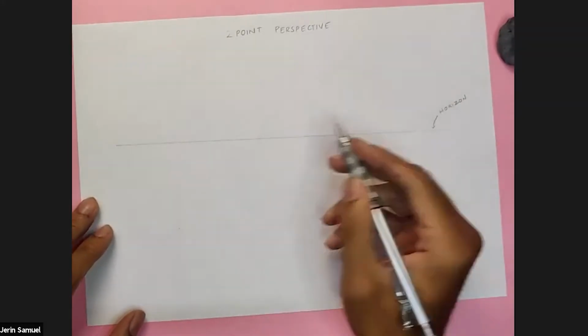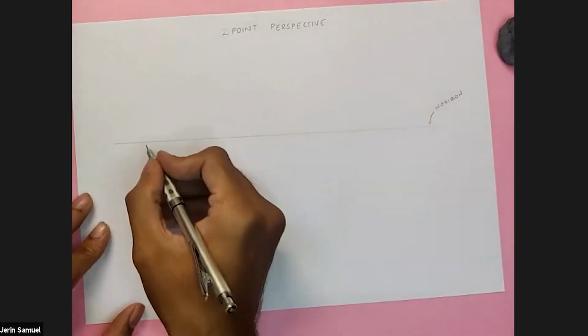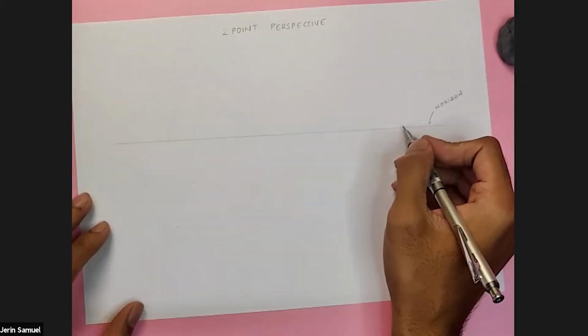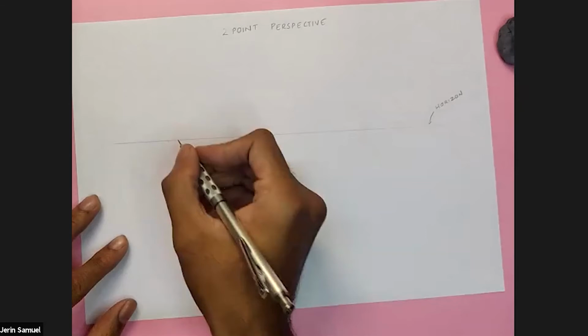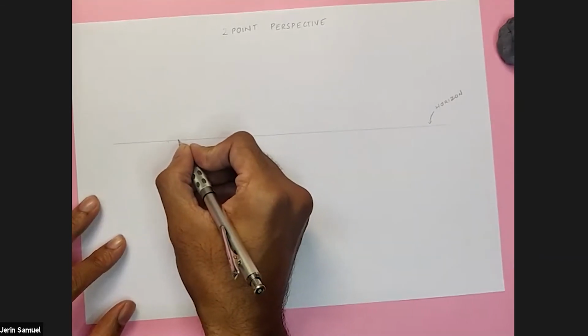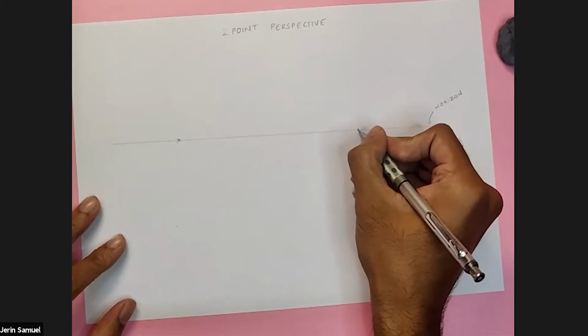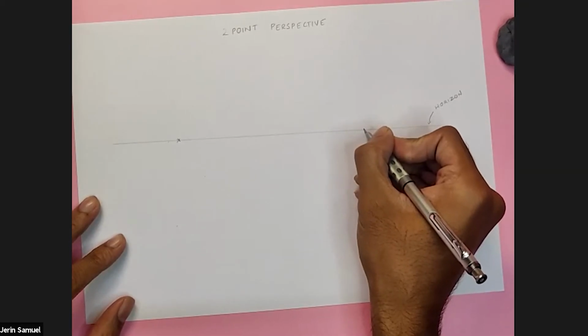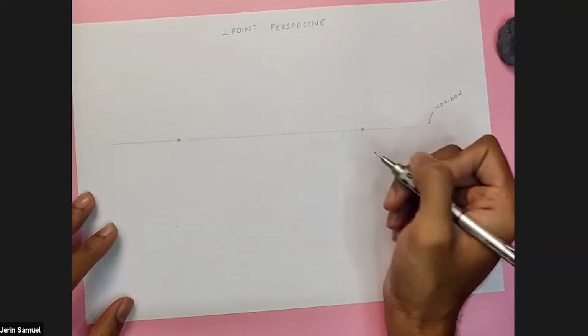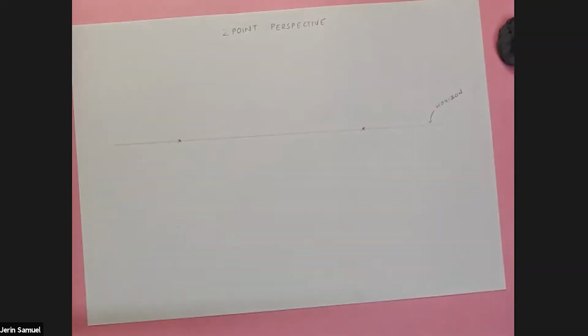So you need 2 points basically. On the left hand side and on the right hand side, I'm going to make 2 points. Here I'm going to make 1 point, and maybe somewhere here on the right hand side also, I'm going to make a point. Make 2 points on the horizon line.